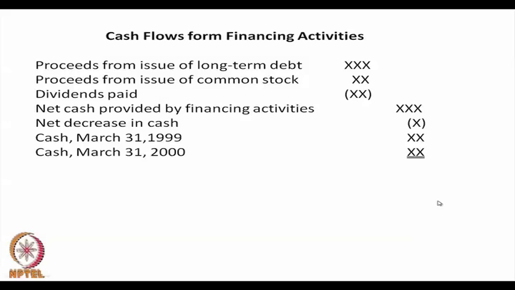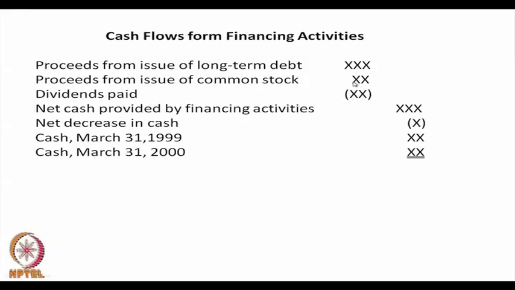Now, cash flows from financing activities: proceeds from issue of long term debt. When you are issuing, then cash is coming in. So, it is a cash inflow, it is positive. Proceeds from issue of common stock, this also is positive, the common stock is issued to the market.